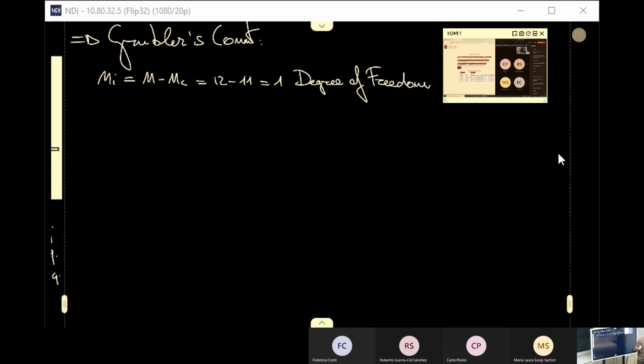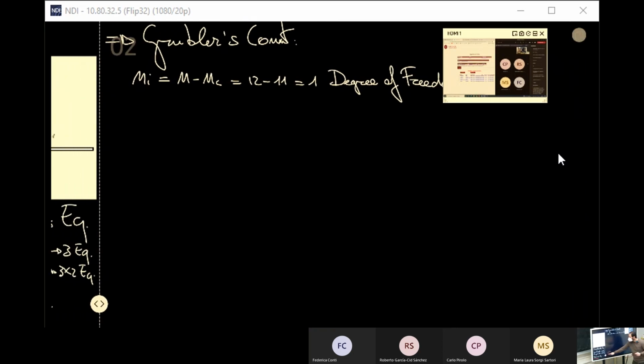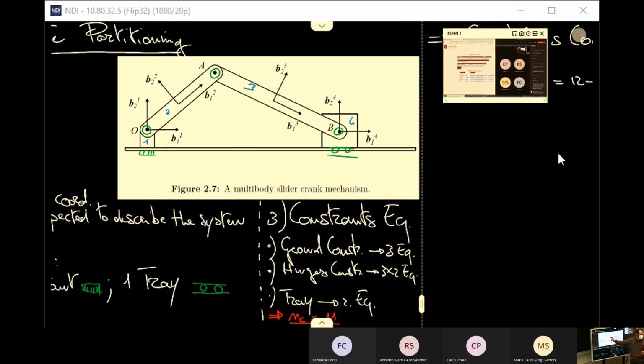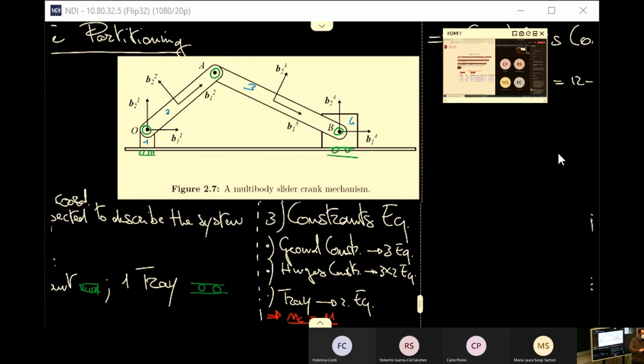Can you get what is the actual meaning of this? It means that you can only set one parameter freely, arbitrarily, and all the other 11 will follow. That's the meaning. And in fact, in the physics of this mechanism, typically you have an engine here on point O, which is fixed on the ground.